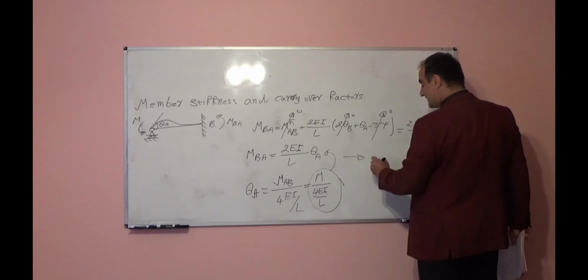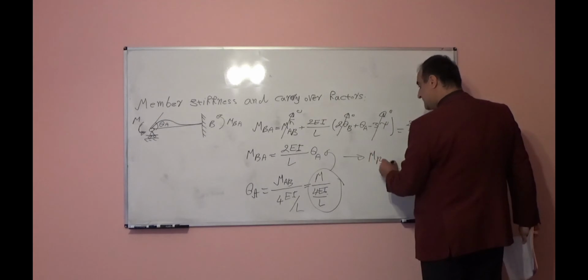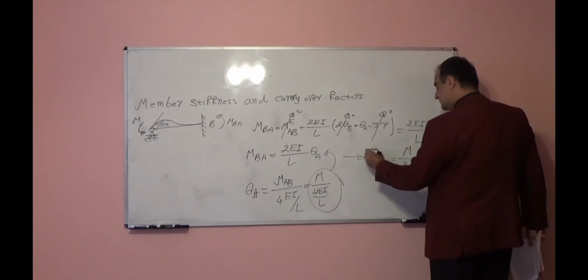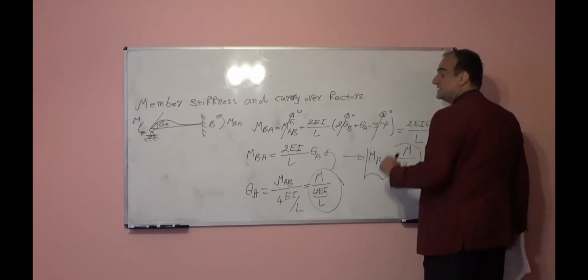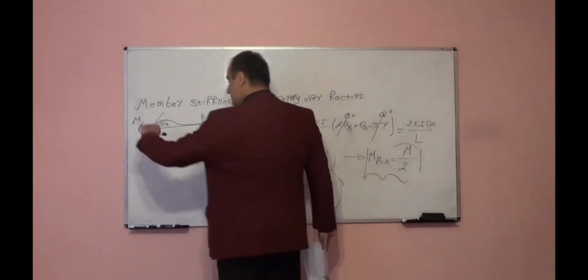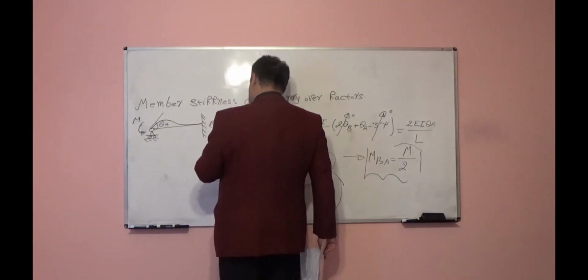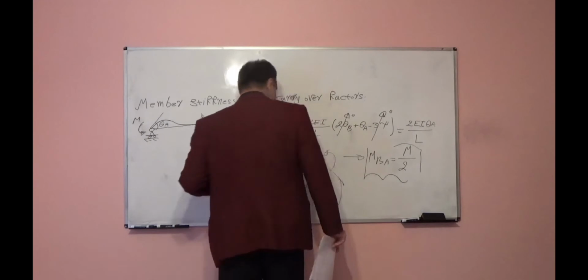If I plug that, MBA will be equal to M over 2. It means if I apply moment M here, the reaction on this side will be M over 2.